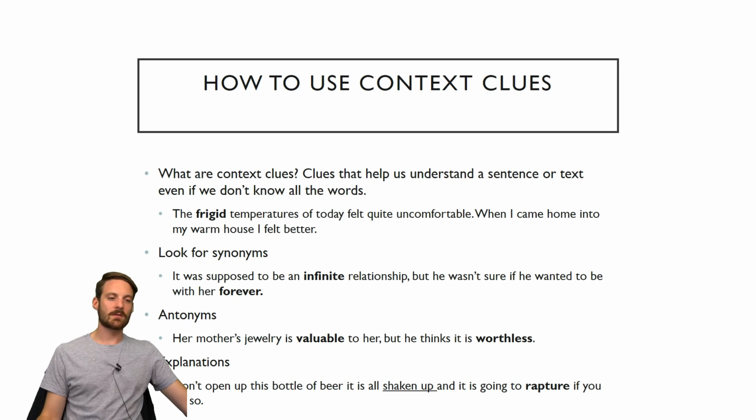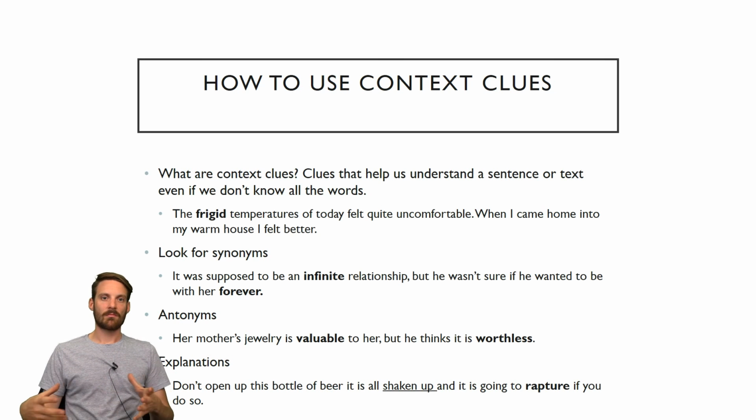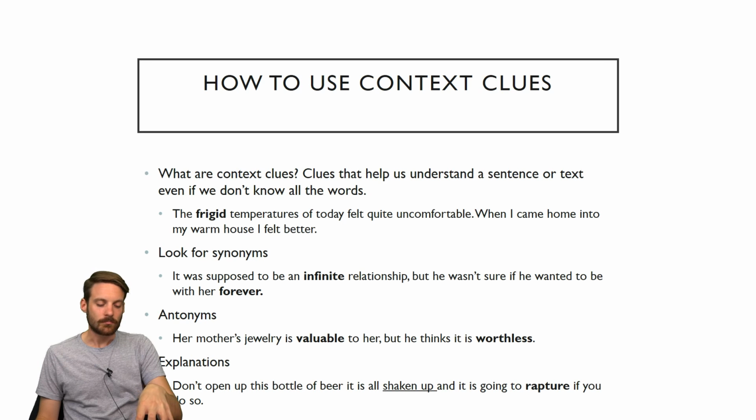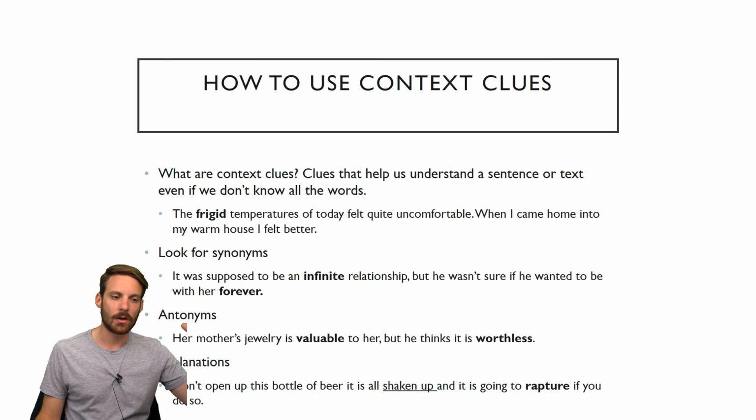Of course frigid could be a stronger adjective like freezing cold or something, but if you get the quintessence of the word, it's okay. So if you know it's cold or something in relation to cold, then you're good. Then you know already, okay, I've understood the sentence, and if you learn how to use those strategies, it's also good for you to acquire new vocabulary.